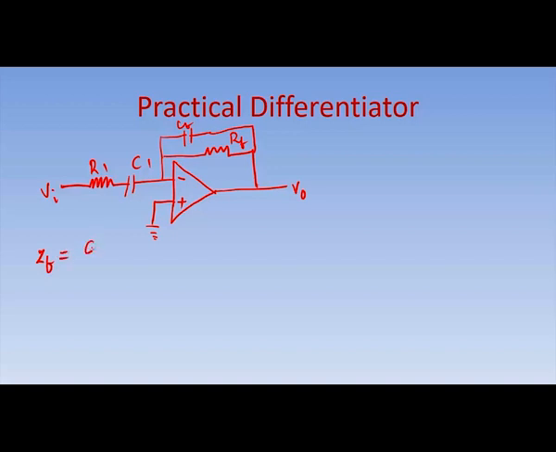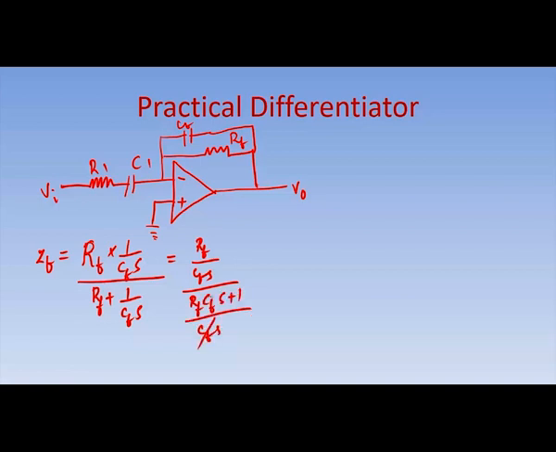It is calculated as RF into 1 by CFS divided by RF plus 1 by CFS, which is simplified as RF by CFS divided by RF CFS plus 1 by CFS. Here these two terms will get cancelled. Finally, it is RF by 1 plus RF CFS.